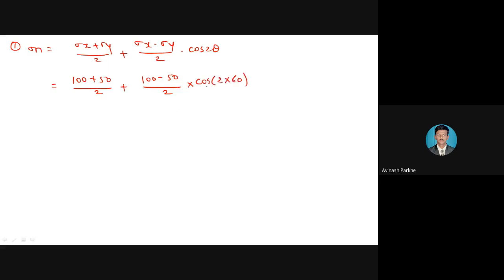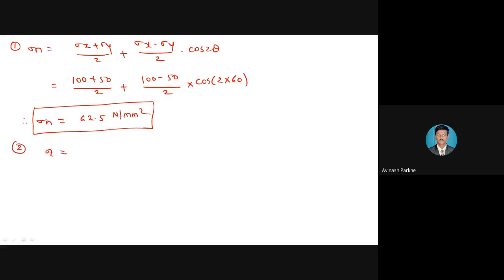This particular multiplication is available for sigma x minus sigma y only. Then sigma n, whatever you have calculated, is 62.5 Newton per mm square. Those who have not calculated, please follow these steps and you will get the correct answer.